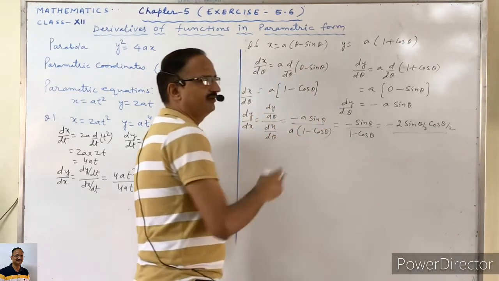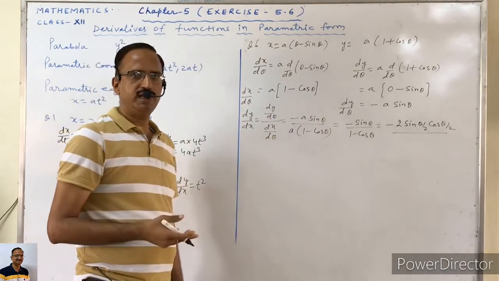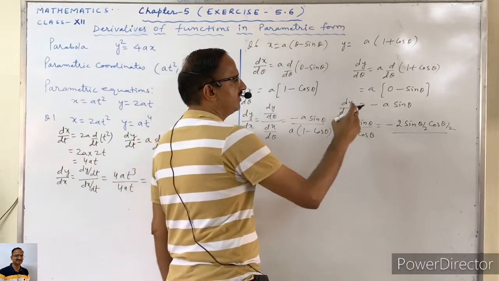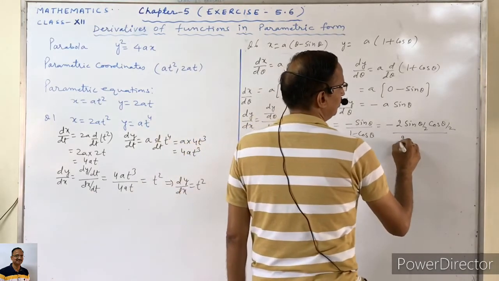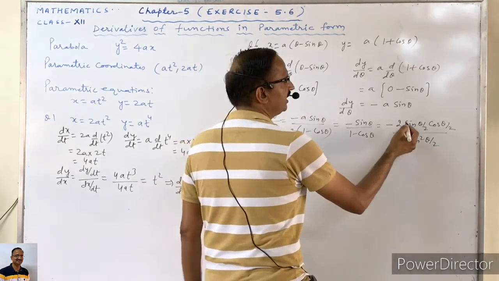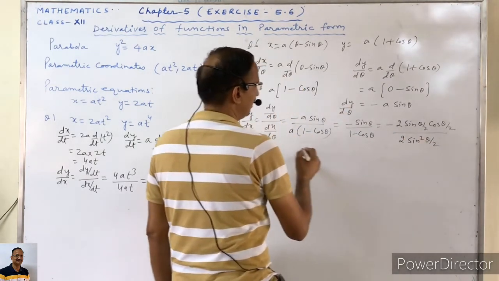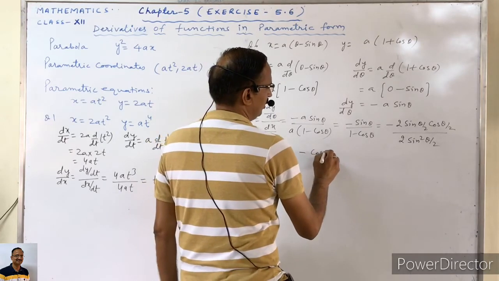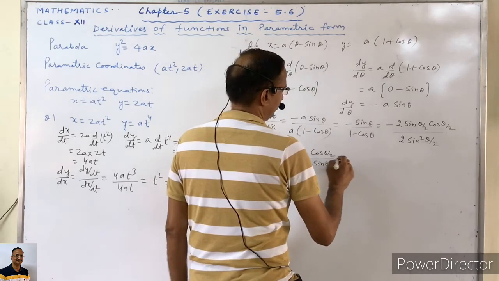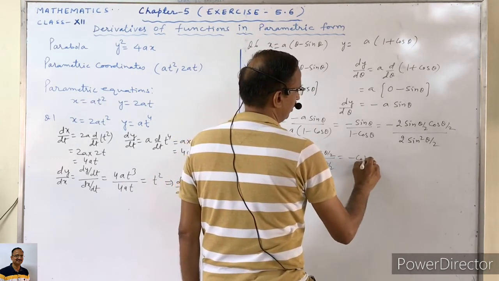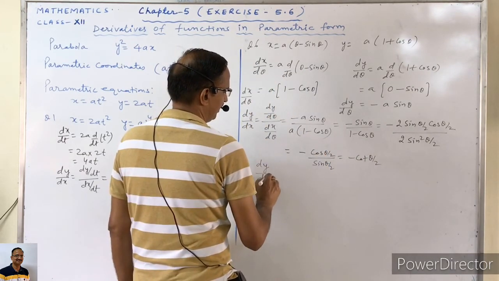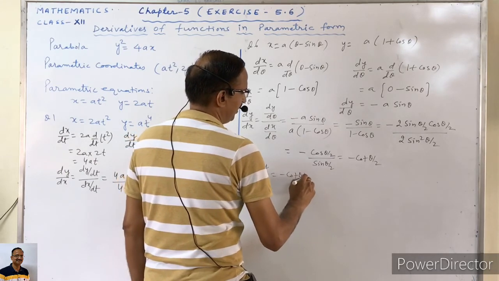In denominator, with the help of the formula cos 2 theta equals to 1 minus 2 sine square theta, we can write the value of 1 minus cos theta, that is 2 sine square theta by 2. 2 and 2 cancel, sine theta by 2 also cancel. So we will get minus cos theta by 2, in denominator sine theta by 2. So finally we will get minus cot theta by 2. It means the value of dy by dx is minus cot theta by 2.